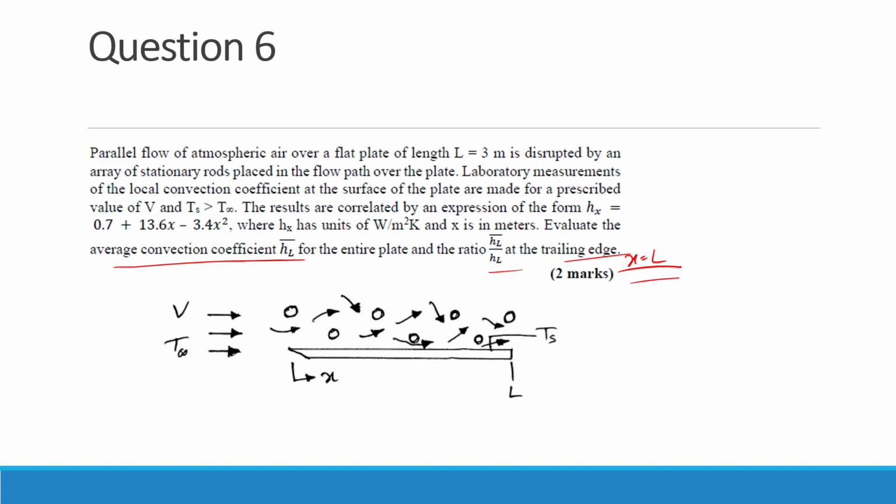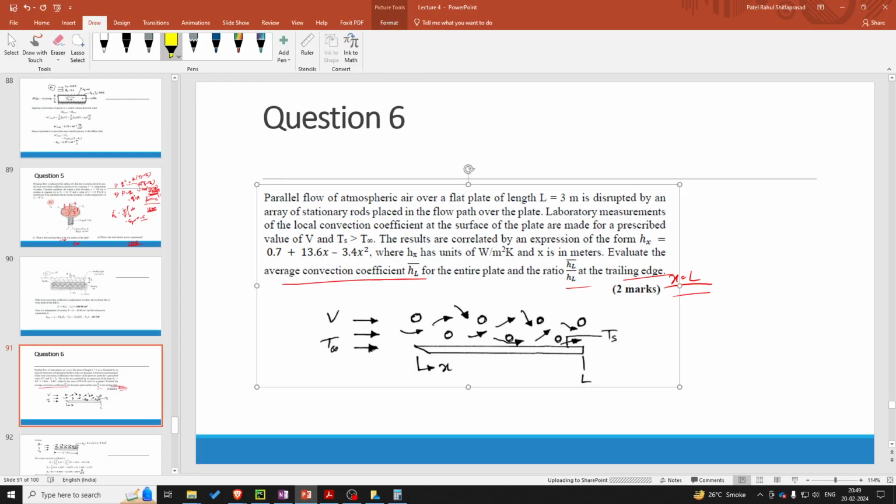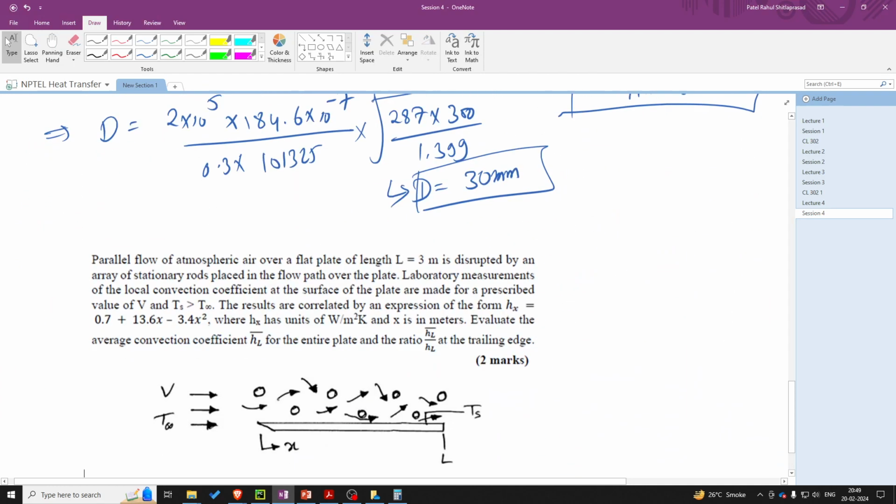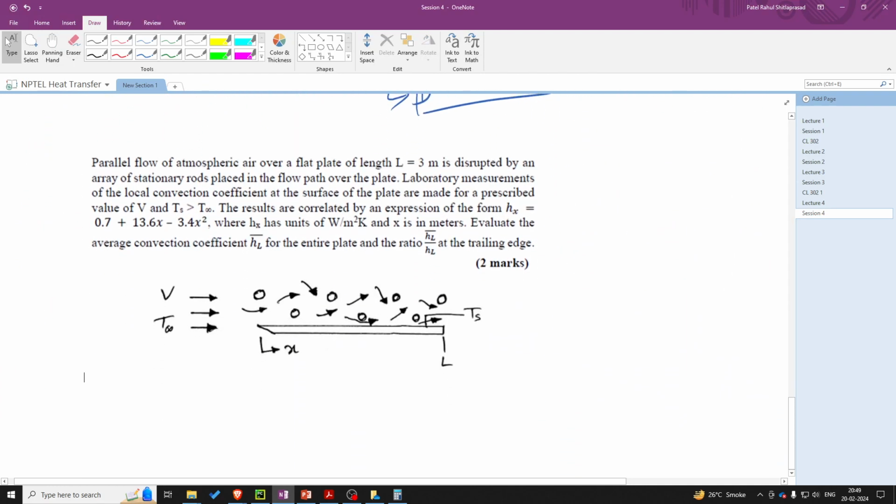So let's discuss the solution of this question. We have been asked to find the average coefficient, that is h bar L, and then this particular ratio, that is h bar L upon HL at the trailing edge.